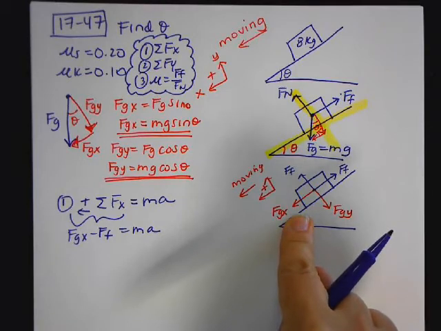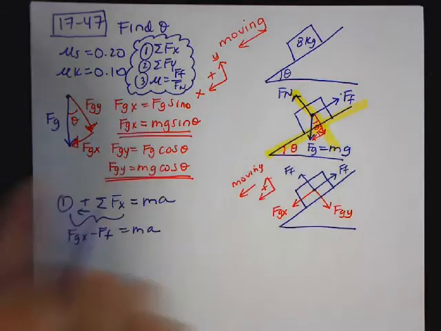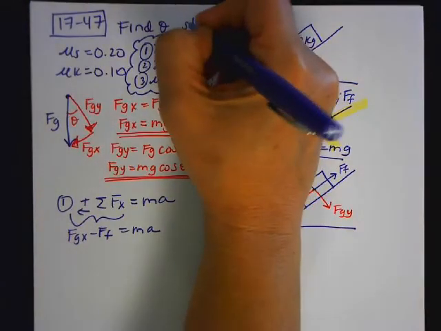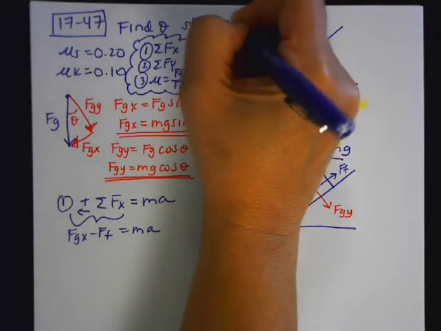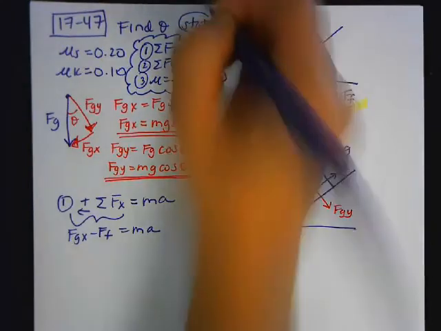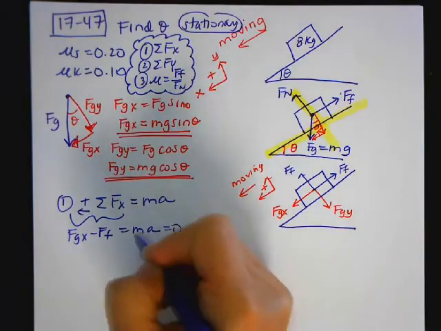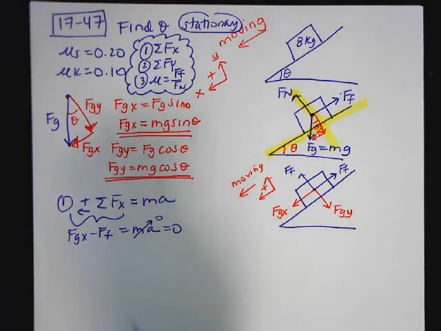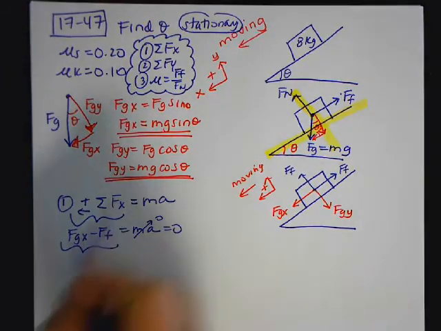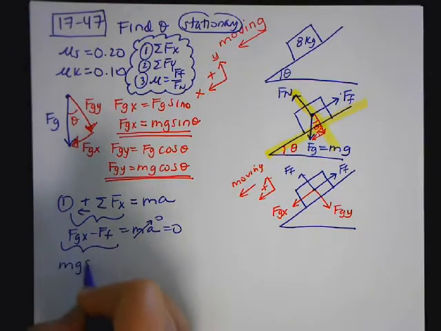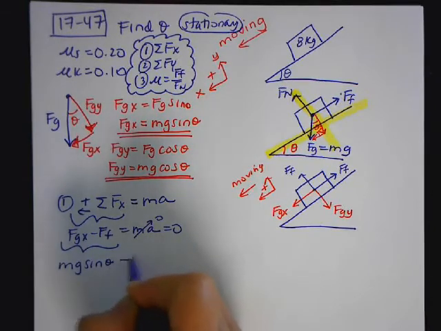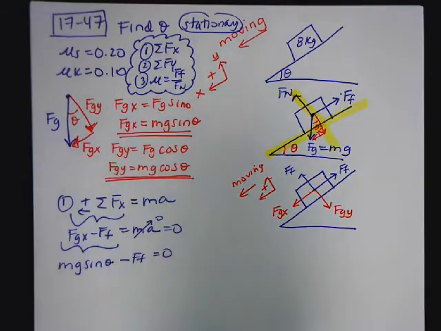No. They're asking what's the angle to keep it from moving? So the key to this is, in the beginning, it said stationary. Stationary means that it's at rest, so this is 0. Now, I know that F g x is mg sine of theta, minus F of f is equal to 0.